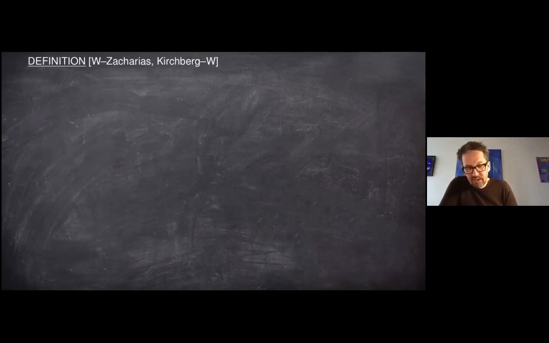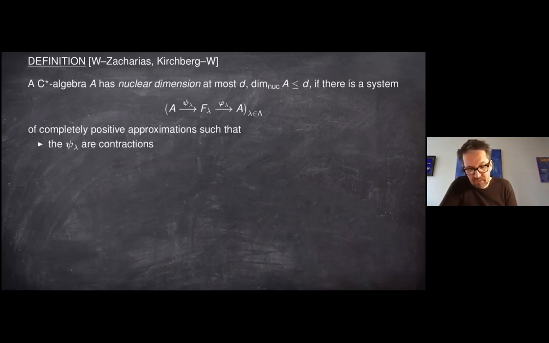So let me give a more refined version of the completely positive approximation property, which sometimes holds and sometimes not. This definition is by Joachim Zacharias and myself, and an earlier version by Eberhard Kirchberg and myself. Again, we look at a C-star algebra A, and we say it has nuclear dimension at most d if the following holds.